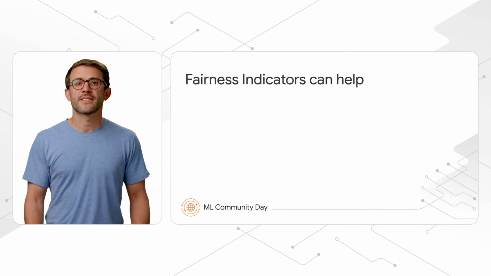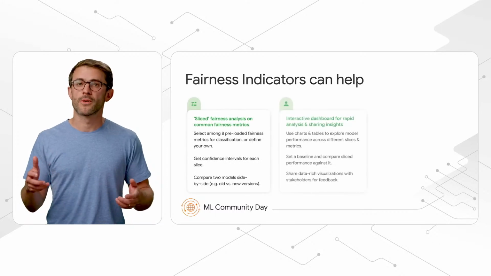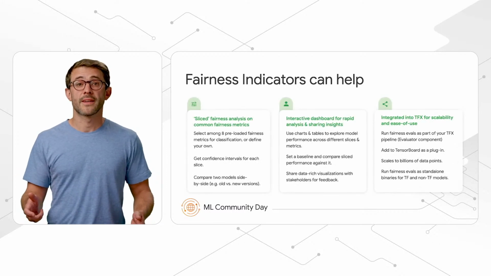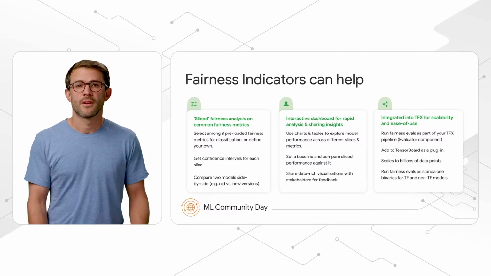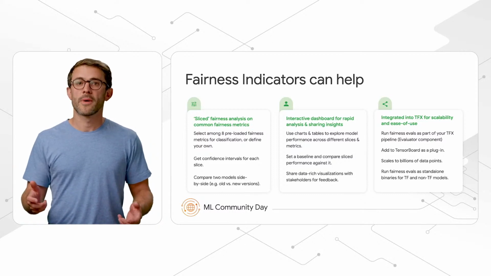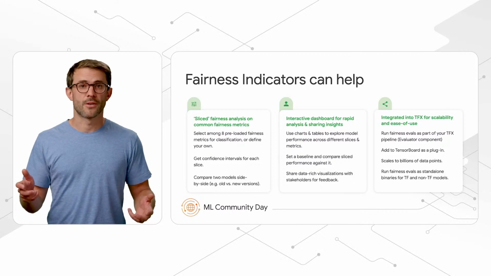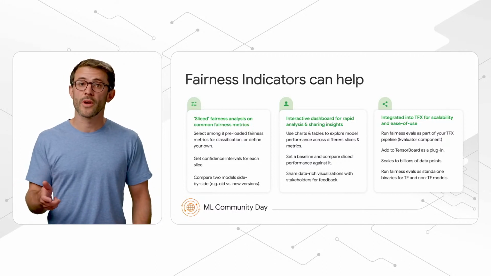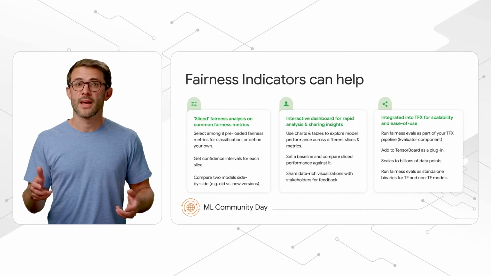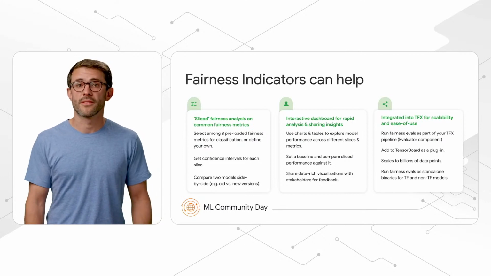Second, fairness testing requires iterating with a large number of stakeholders. So you need mechanisms that make it easy to share the results of evaluations with others. Thirdly, many real-world ML systems operate at very large scale, so you need tooling that allows you to evaluate your model on large data sets and as part of repeatable pipelines.